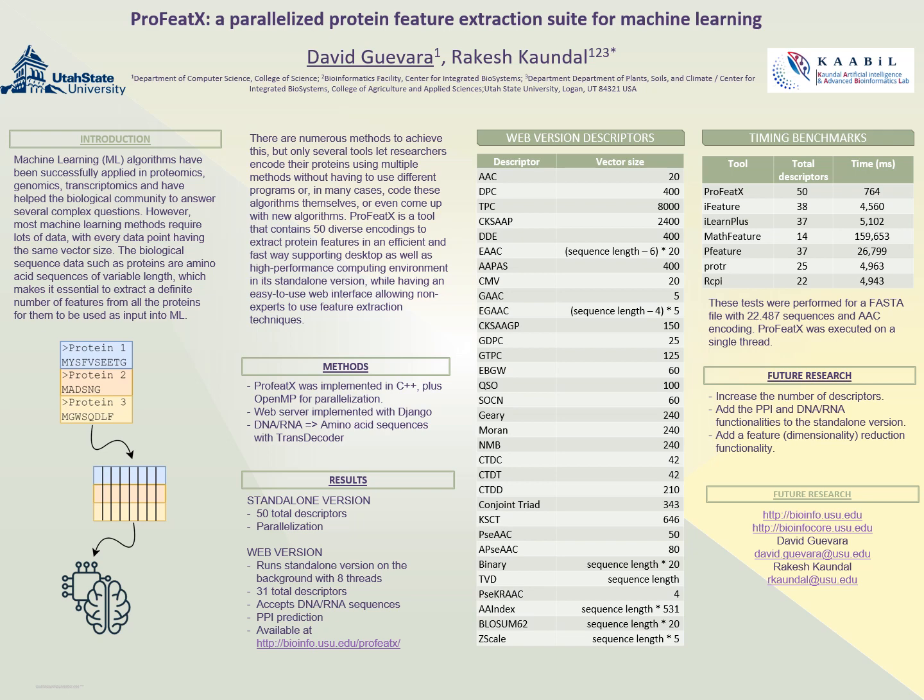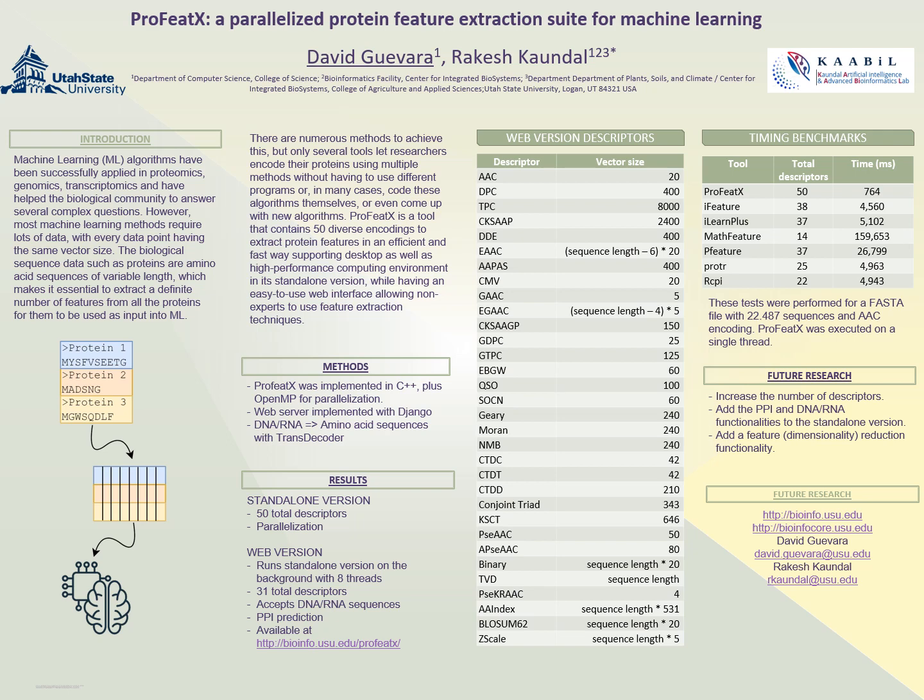The web version only lets people use 31 out of the 50 due to the other 19 requiring additional files. But here you can not only encode sequences, but also protein-protein interactions. It also lets you input DNA or RNA sequences, so the web page, using TransDecoder, finds coding regions from those sequences and encodes those proteins that were found.